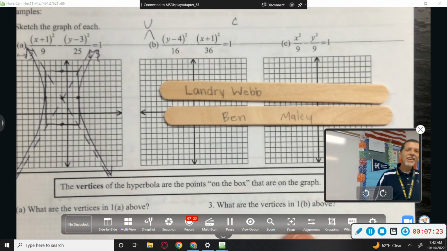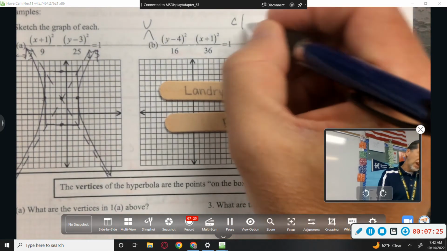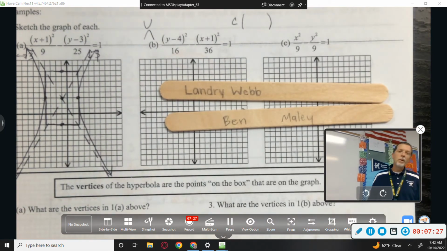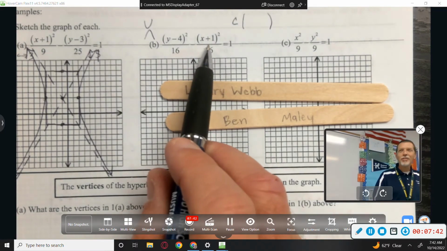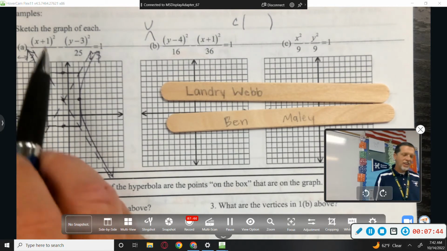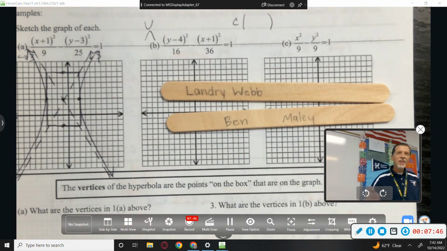Landry, you've got the trickiest question of the day. No worries. What's the center of that hyperbola? Ah, you fell for it. It's not 4, -1. Do you see why? So you got to be careful. We're so used to x being first that you just kind of read them off in order, and that's the mistake.